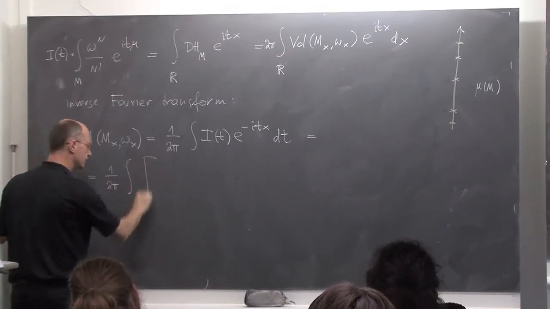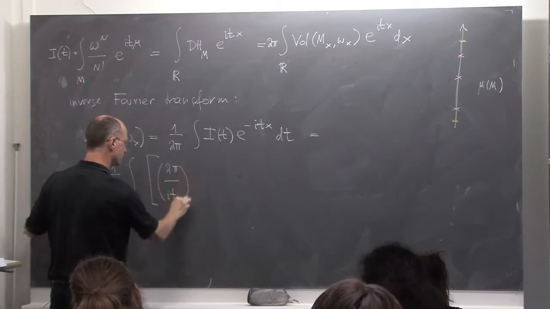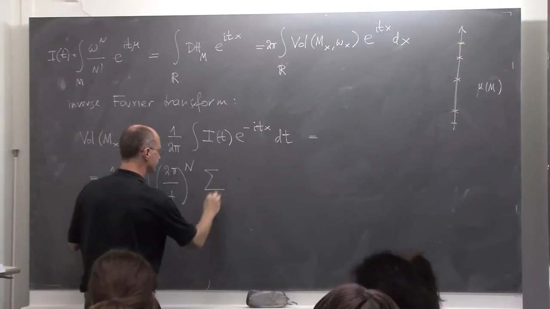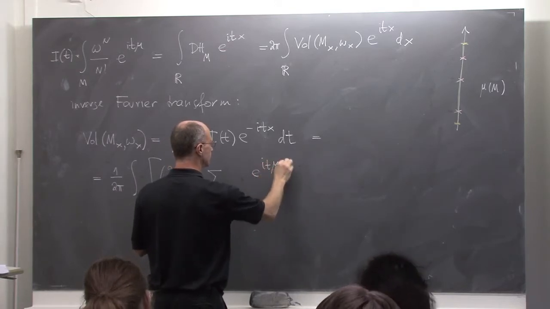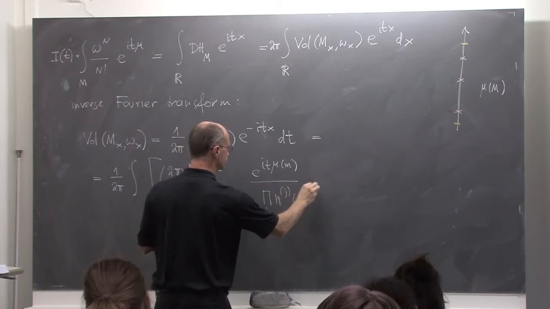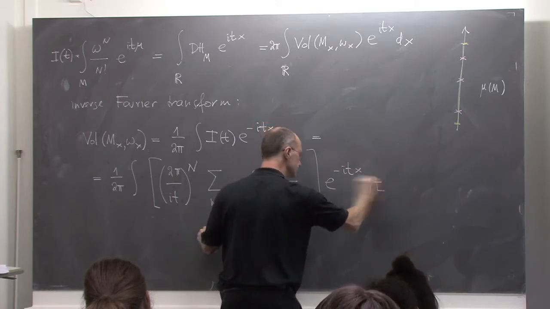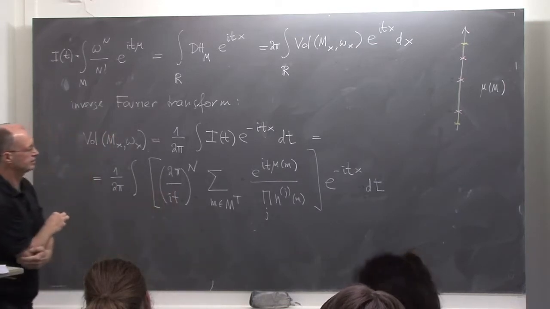So now let's substitute, instead of I of t, the localization, the right-hand side of the Duistermaat-Heckman formula, with the exponential of i t mu of m. That's what we need to compute.